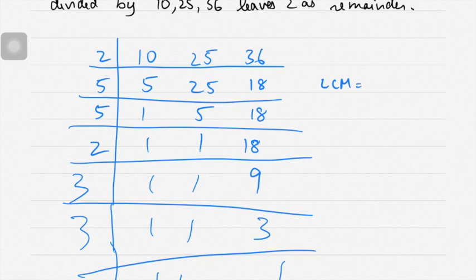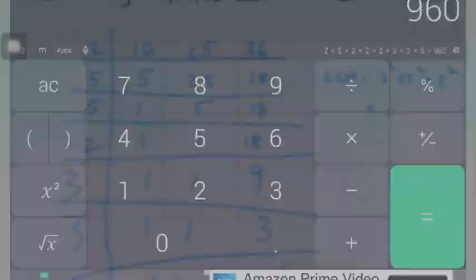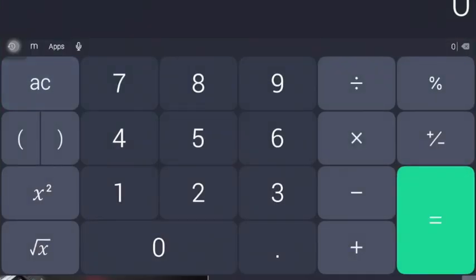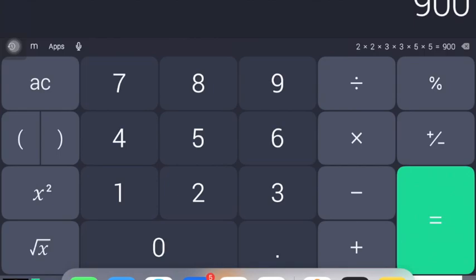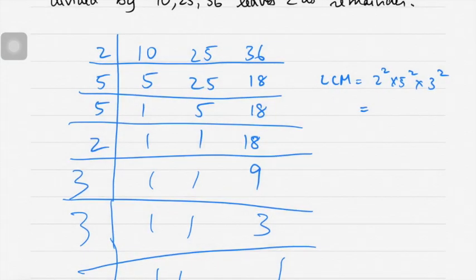So that means my LCM would be 2 square into 5 square into 3 square. Correct? So when you multiply this, let's check, 2 into 2 into 3 into 3 into 5 into 5. It comes to 900.